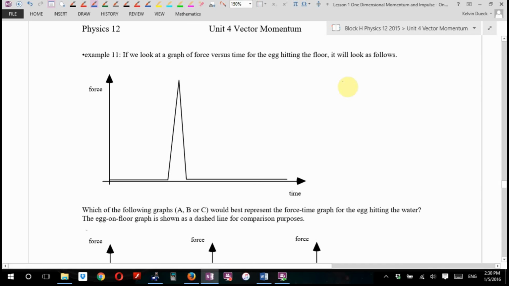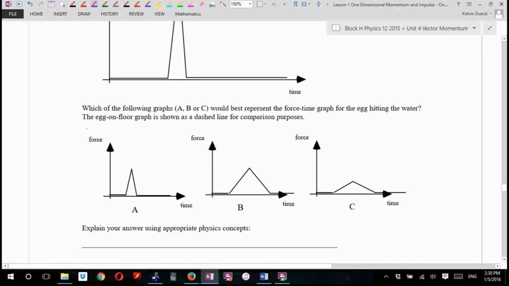Either multiply the variables, or you actually did the units. I usually do the variables first because I'm familiar with the equations, and then my fallback is I'll try the units. But yeah. You know what? The area underneath this is the impulse. So with that in mind, which of the graphs, A, B, or C, would best represent a force versus time graph for the egg hitting the water?